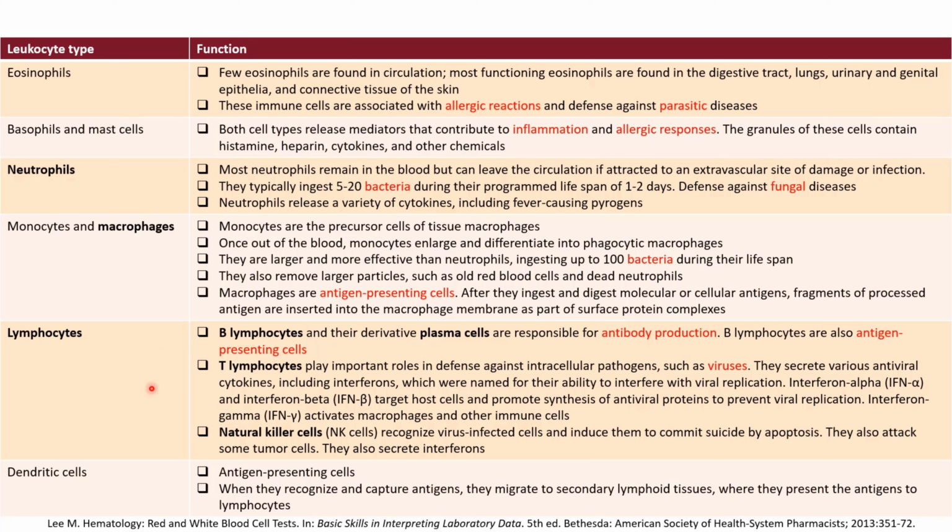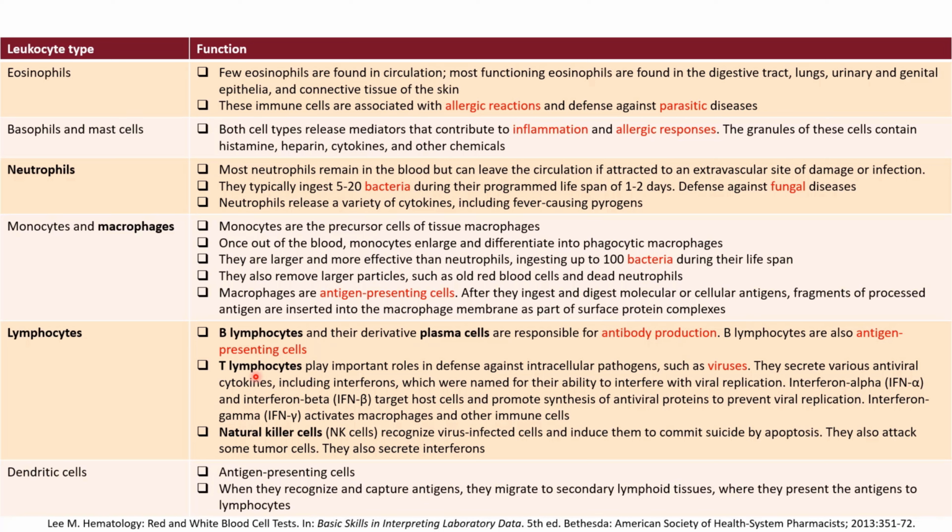And of course, the three types of lymphocytes. B lymphocytes are the ones that result in plasma cells that make antibodies. B lymphocytes themselves are also antigen presenting cells, so they can work with T cells. T cells, there are different types. There are CD4 and CD8 that are the most commonly important types of T lymphocytes.